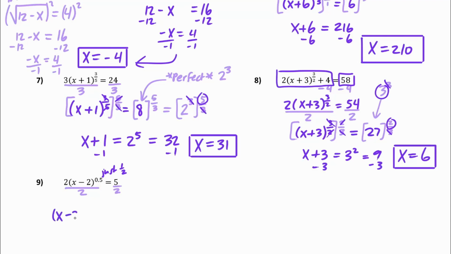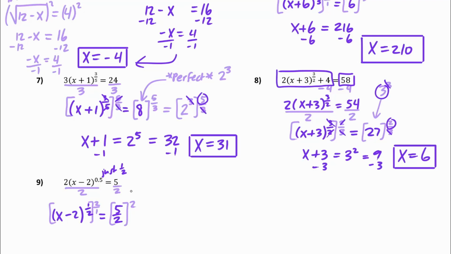We're going to have x minus 2 in a group to the 1/2 power, and that's equal to 5 over 2. Some people will want to say 2.5, but we're going to keep it as a fraction here, just because when I get rid of this exponent by raising it to the 2 power, or 2 over 1, squaring fractions is not that big of a deal.